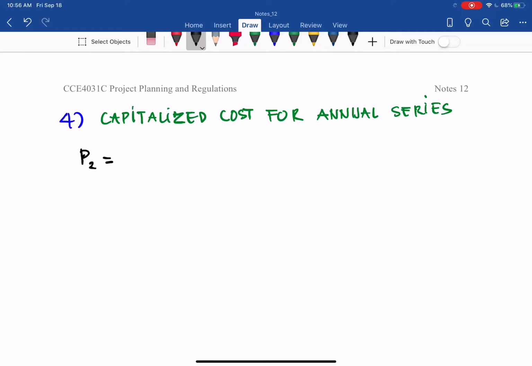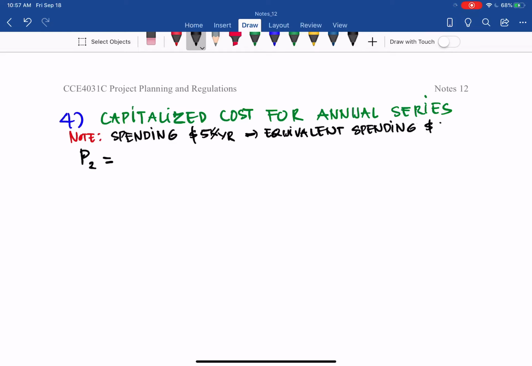Spending 5,000 per year is equivalent to spending 8,000 per year and receiving 3,000 per year. So the net will be 5,000.